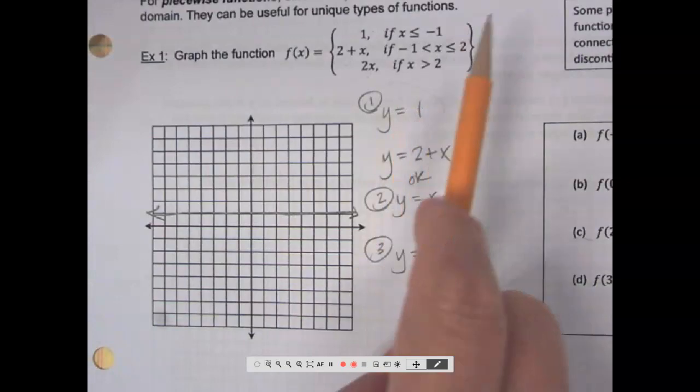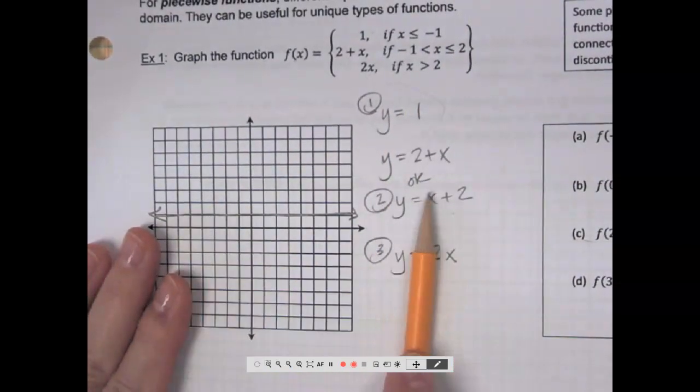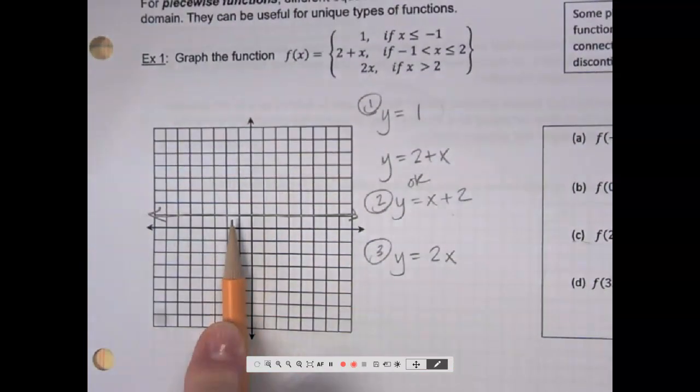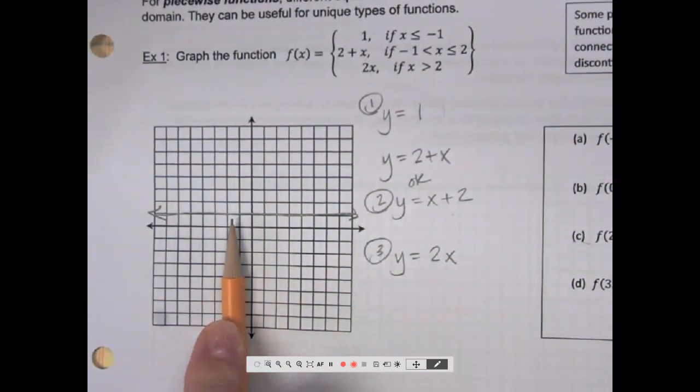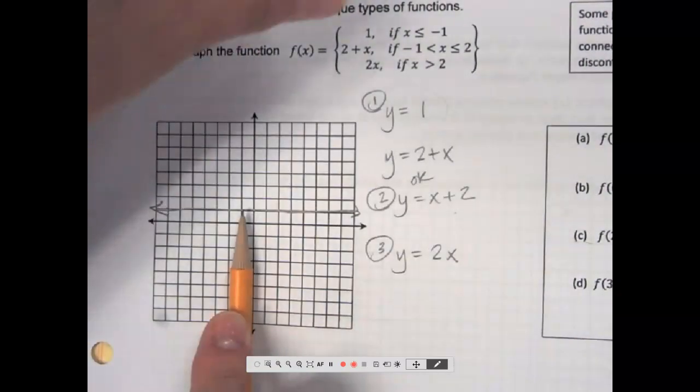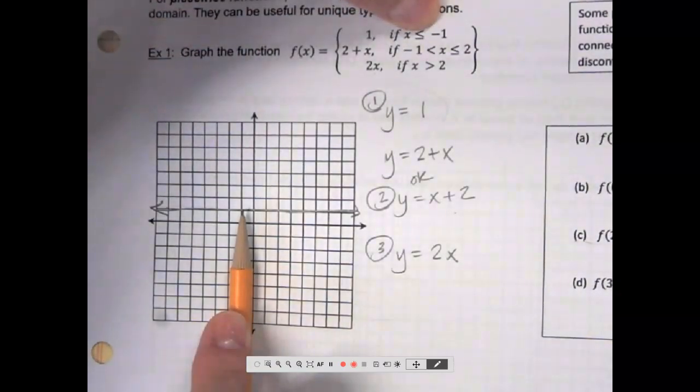Okay, so I'm going to go to this graph and figure out where x is -1. Okay, it's right there. That's where x is -1. That's where I want to start my graph. And I want to use a closed dot because it says equal to. And I want to have the graph only to the left of that point.